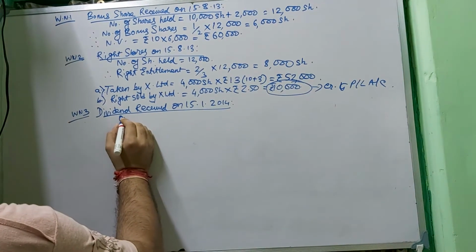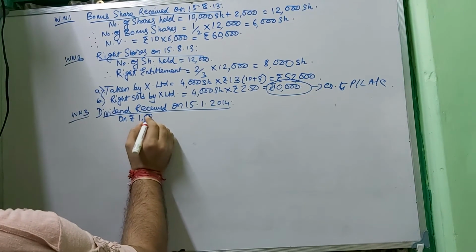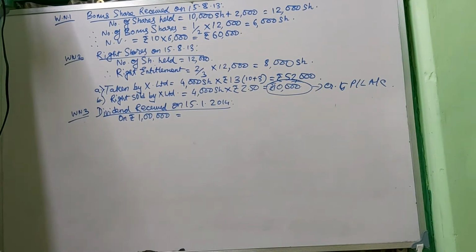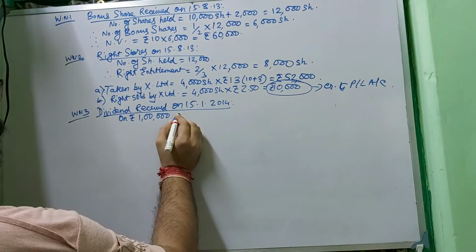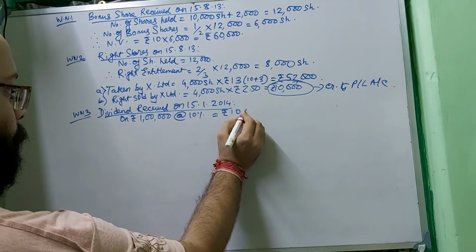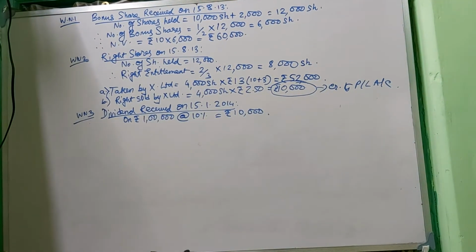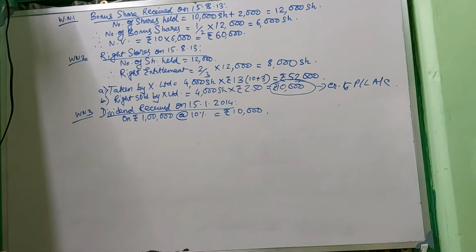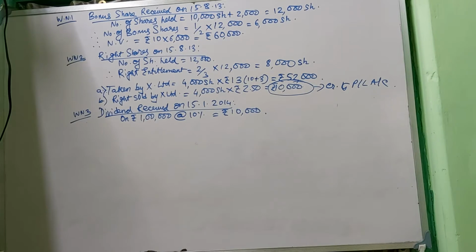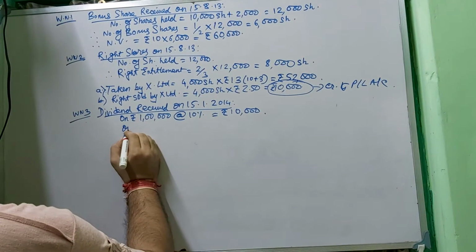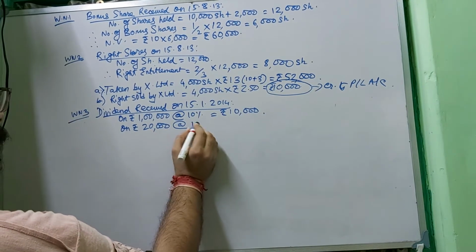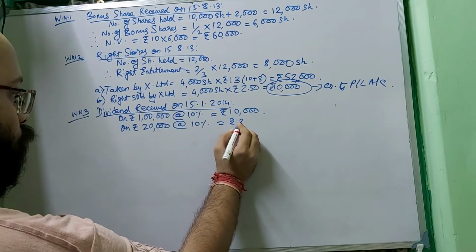So on rupees 1 lakh, at the rate 10%, rupees 10,000, and on again 2,000 shares which has been purchased on 1st of August, that will be on rupees 20,000 at the rate 10% is equal to rupees 2,000.